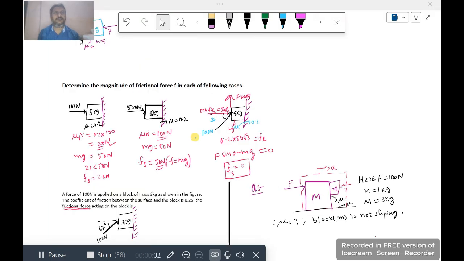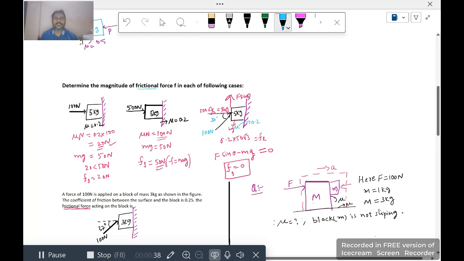Now, finding the magnitude of the frictional force in the vertical wall direction, friction against a vertical wall. Remember, when force is applied perpendicular to the wall, then the frictional force is equal to mg, which is equal to mu into F. Here you have to determine the frictional force.